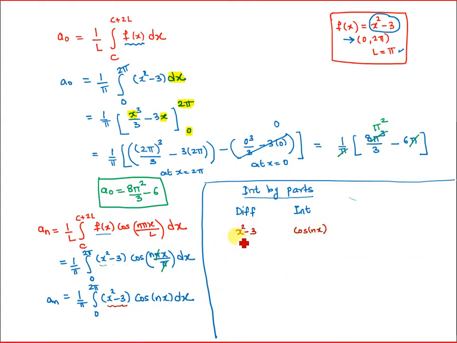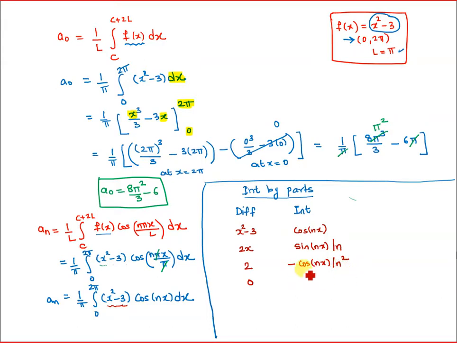Derivative of x square minus 3 is 2x. Derivative of 2x is 2, and its derivative is 0. Then here, sine nx. Integration is sine nx divided by n. Integration of sine is minus cosine nx over n square.